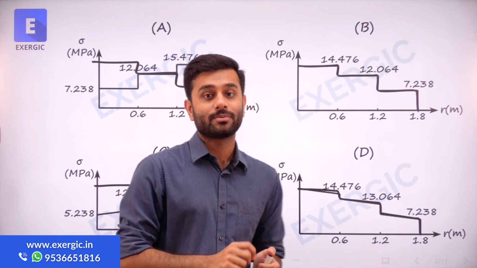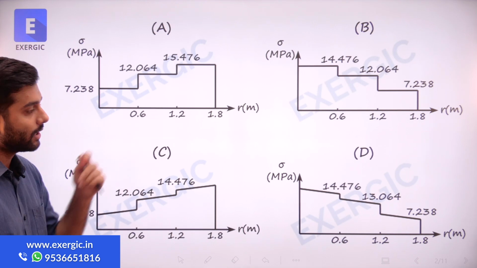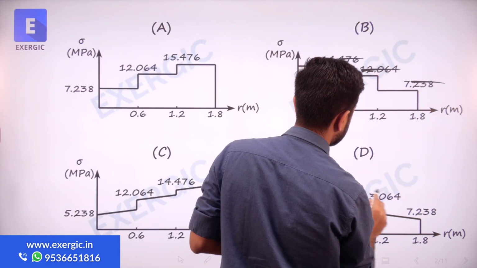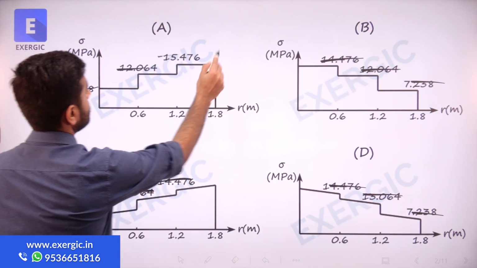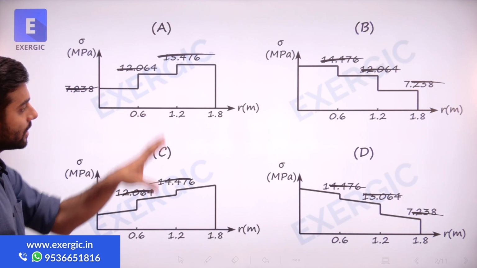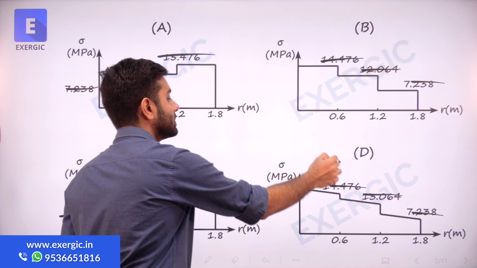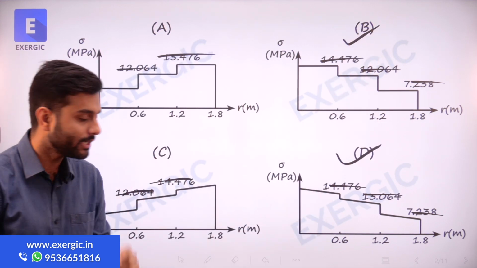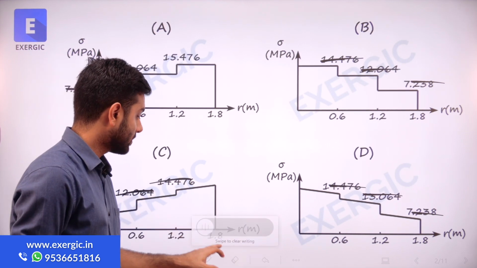But if the options are different or the shape is different, like in this one, you may choose not to look at the values. Don't bother about the values, whether they are the same or different. Just don't look at them. And try to find out which shape is going to be correct. That itself will tell you whether this is the right answer or this one or any other. Getting the point?